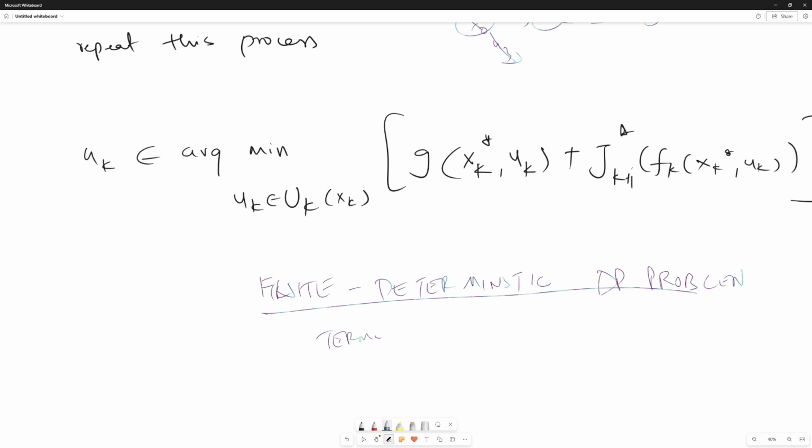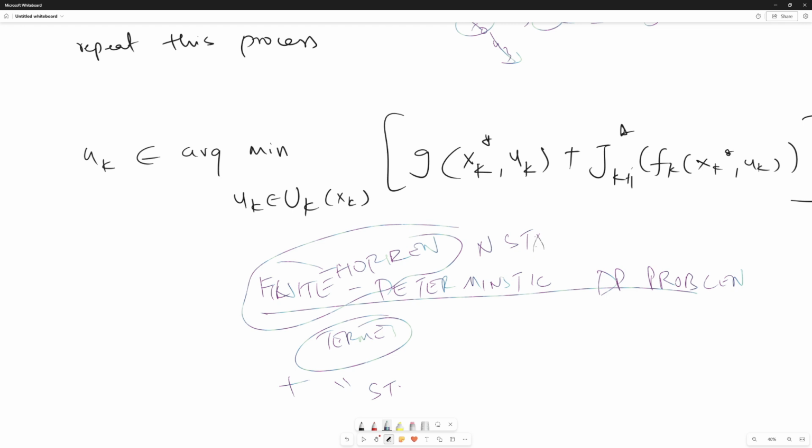In addition to a finite deterministic problem, if you add the condition that it has a finite horizon, this is finite horizon because there are exactly n stages. This process does not go on forever. There are exactly n stages. That's why it's finite.